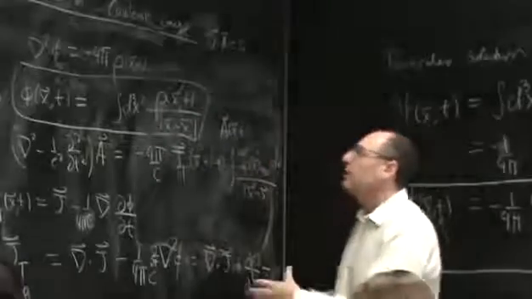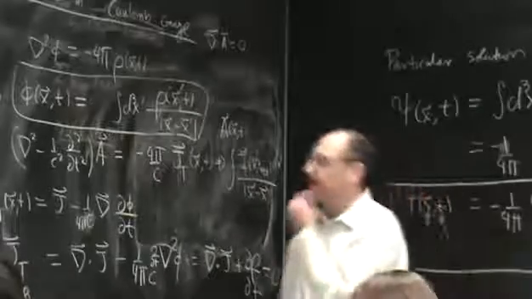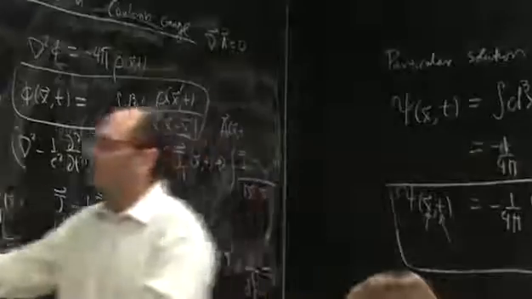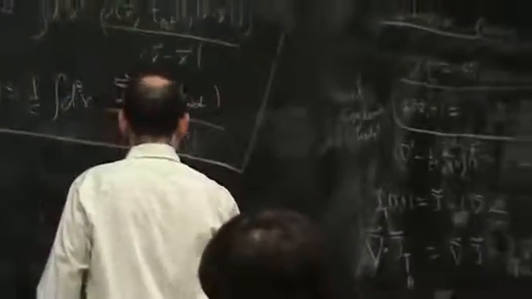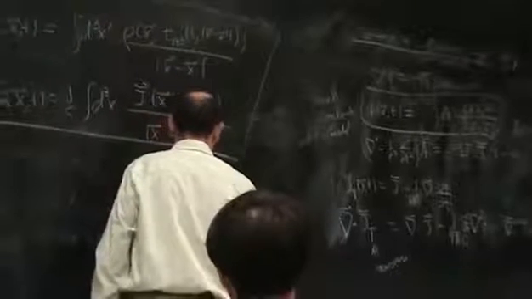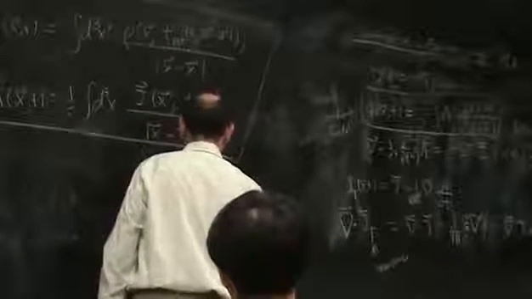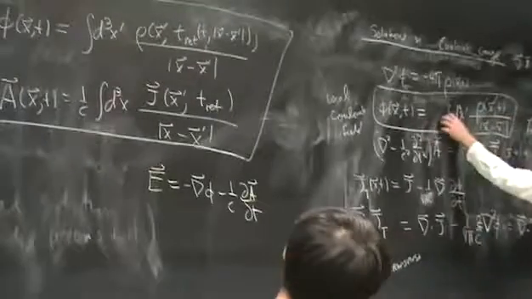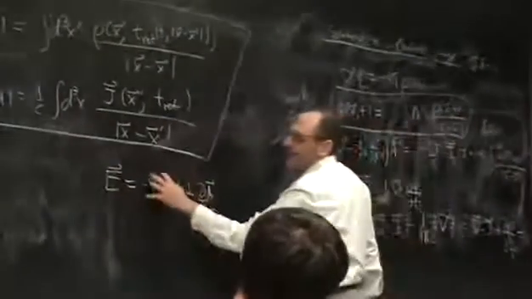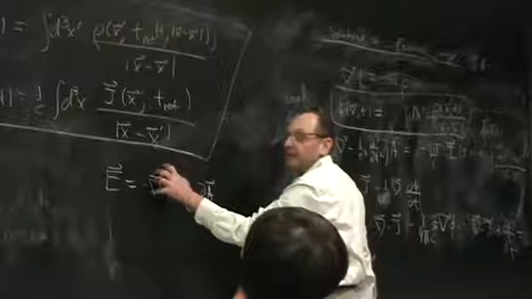But in some sense, as far as the electric field is concerned, the electric field, which we said was related always to the scalar and vector potentials this way, this part, which is the gradient of phi, is kind of the electrostatic part.